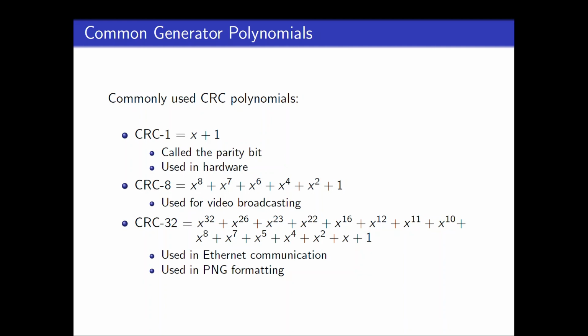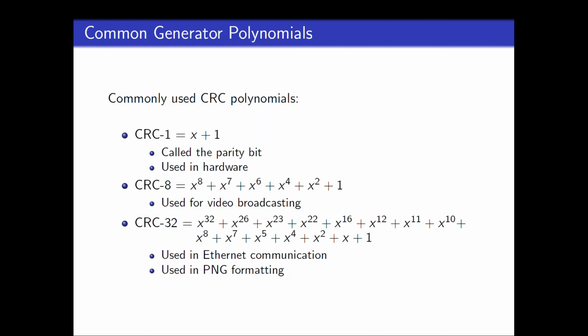This exact CRC is used in hardware communications. Whenever there's a message being sent along in your Alexa or in your calculator, there's one extra bit that's being sent along to tell another component in that piece of hardware whether or not there was an error in the transmitted message. Similarly, we get more long and complex for our generator polynomials.